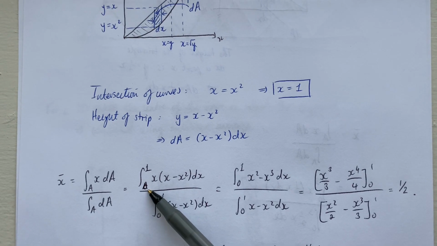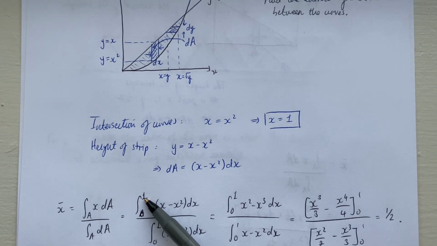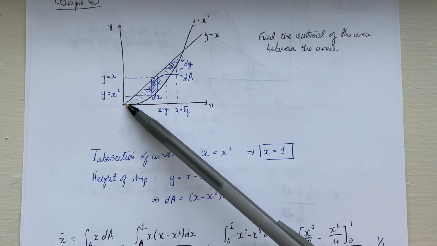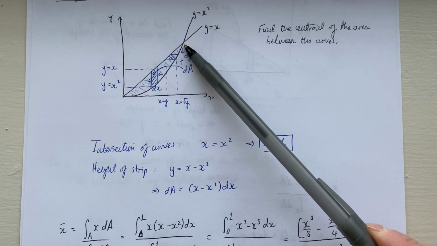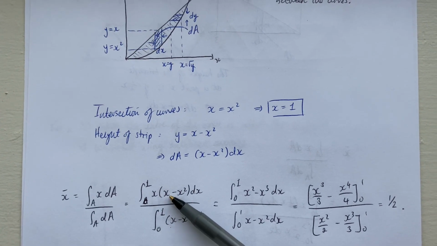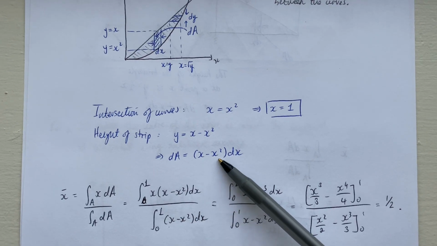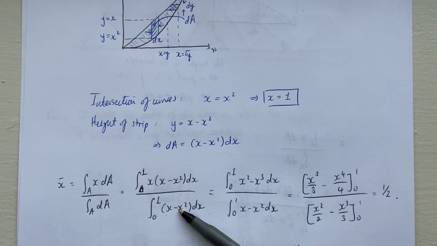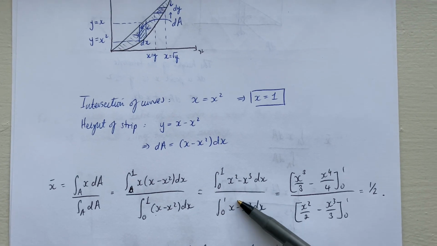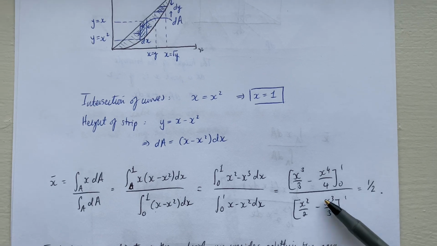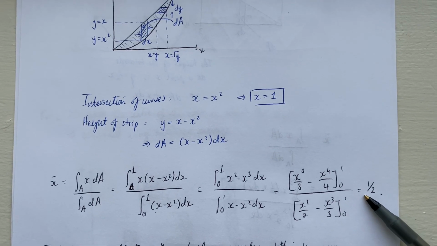We consider the integrals between 0 and 1, right? Between the origin and where the two curves intersect. And I have x multiplied by dA, which I worked out here. Plug that in, plug in dA on the bottom, work out my integrals in the numerator and the denominator, and plug in my values to get x equals 1/2.